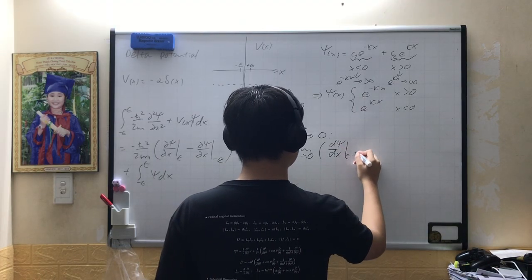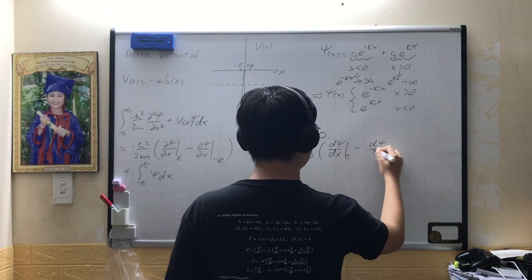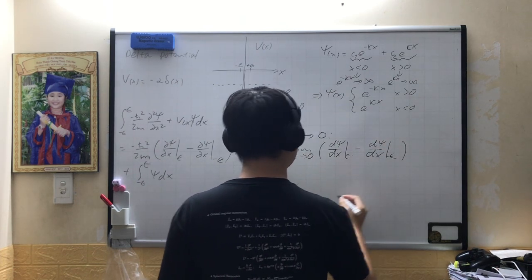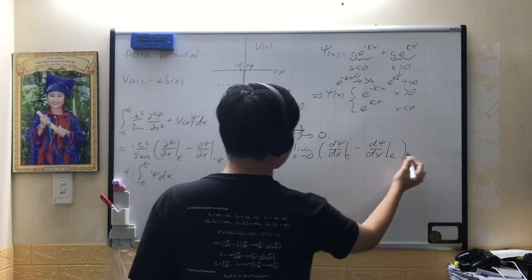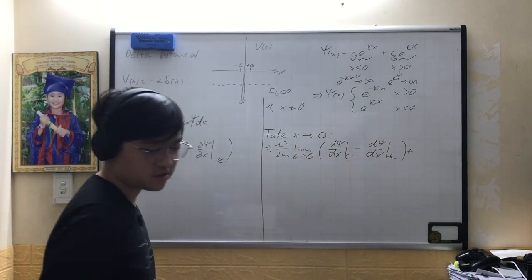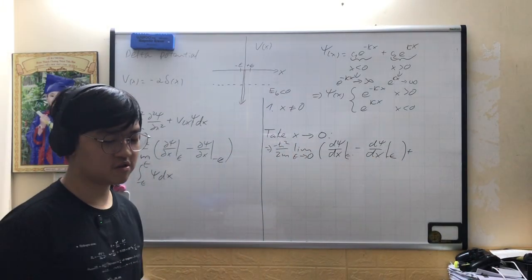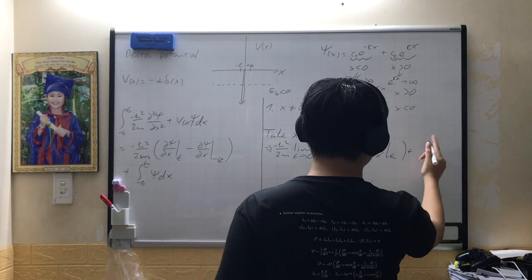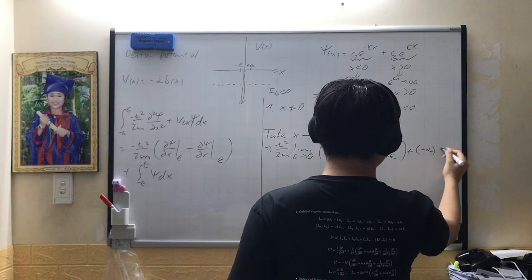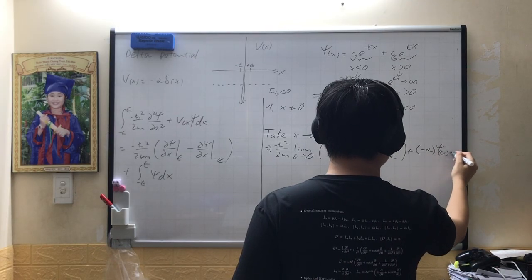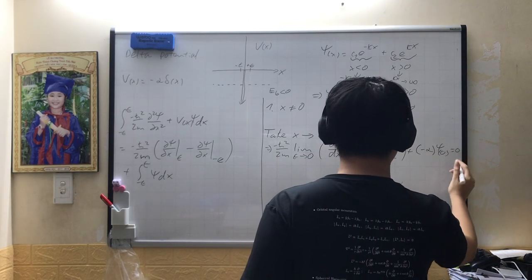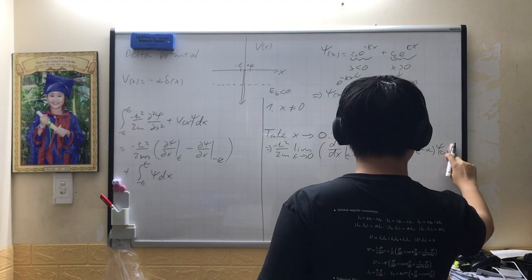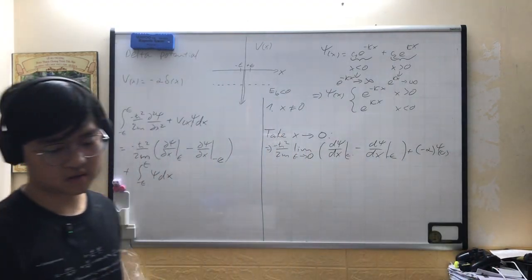That is epsilon. And as I said, your delta would have something to pick on now. So that is minus alpha at psi 0. That is there. It's like that.